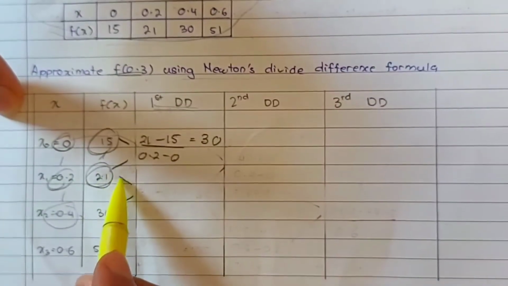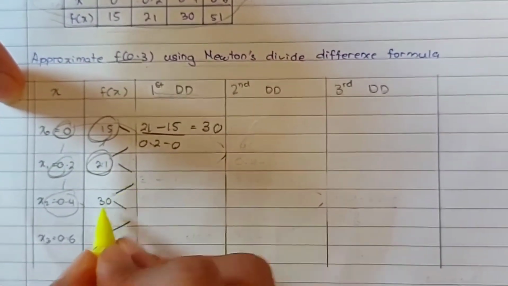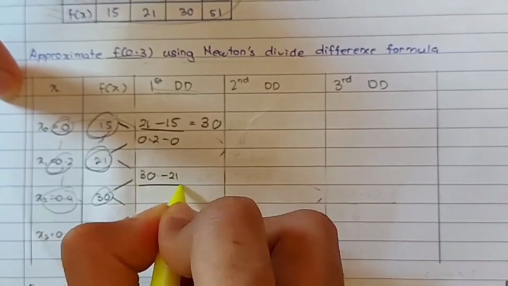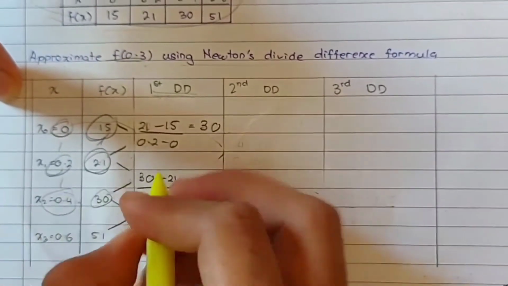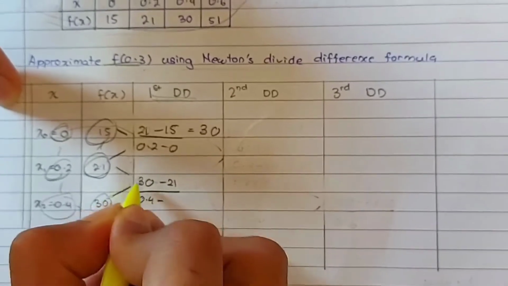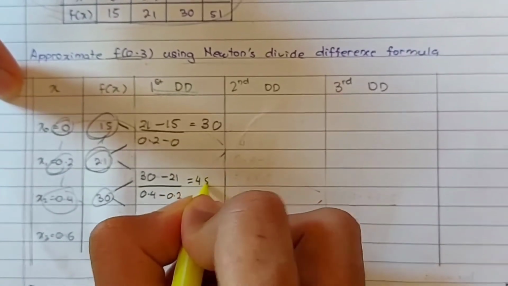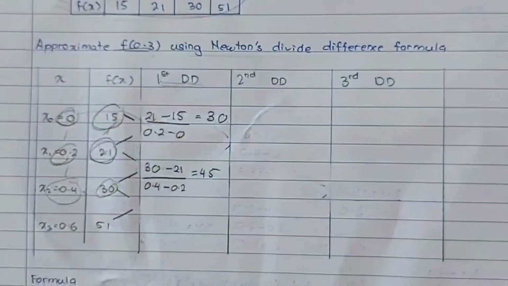And then we do the x2 and x1, find the difference using the same formula. We get 45.